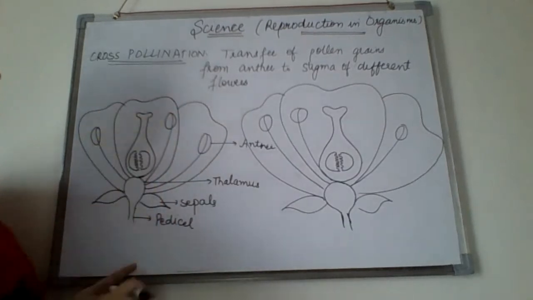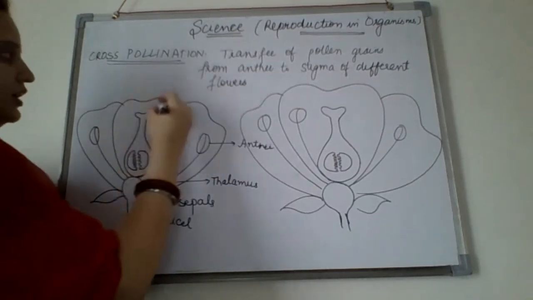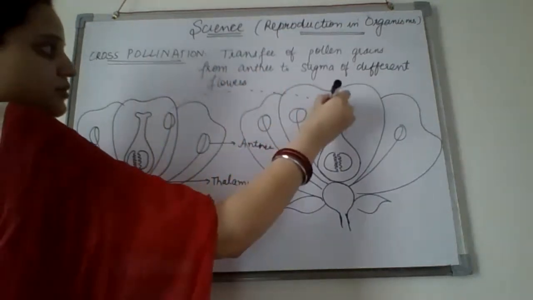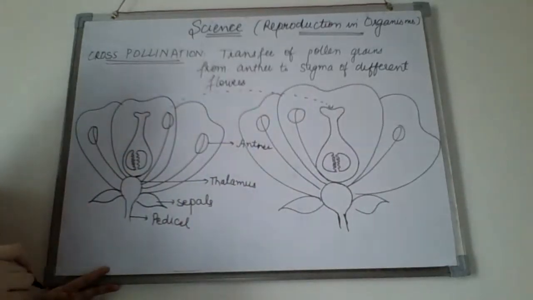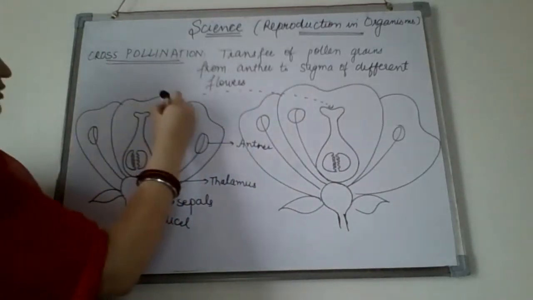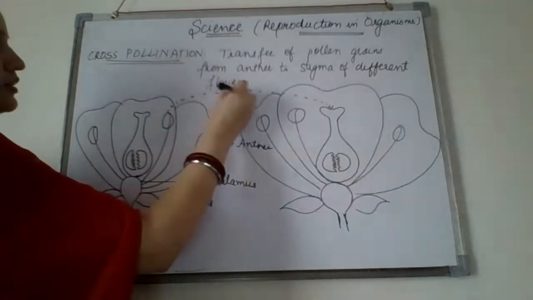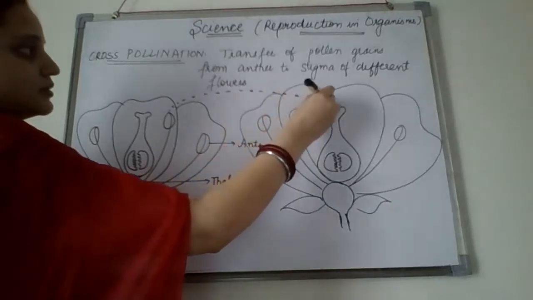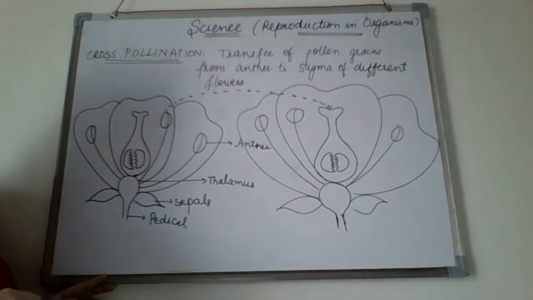If we assume that the pollen grains from this flower are transferred to the stigma of the second flower, so in this way, if the transfer takes place from one flower to another flower, we call that process cross-pollination.